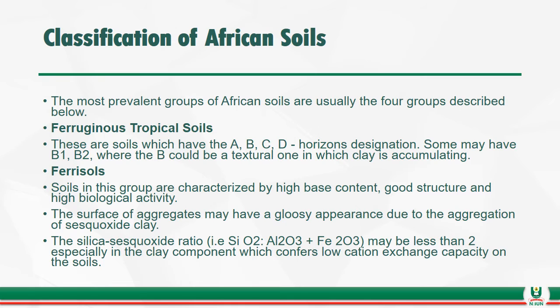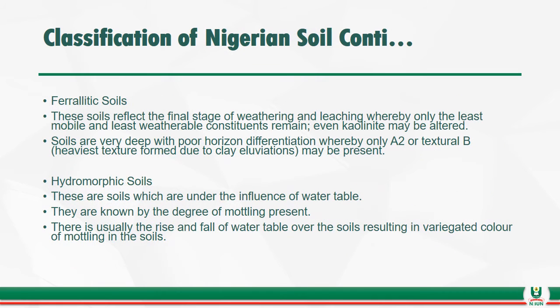The surface of aggregates may have a glossy appearance due to aggregation of sesquioxide clays. The silica-sesquioxide ratios, such as silicon oxide, aluminum oxide, and ferric oxide, may be less than 2, especially in the clay component, which confers low cation exchange capacity on the soil.